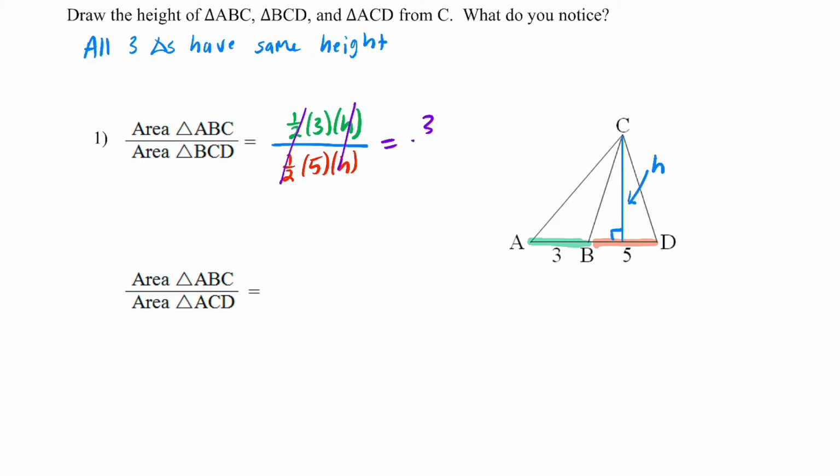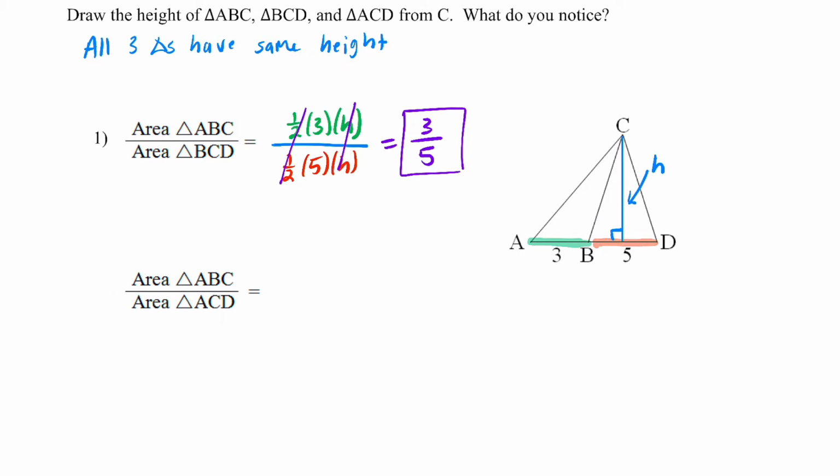That leaves us with 3 over 5. So the ratio of the area of triangle ABC to BCD is 3 to 5. And where do those numbers show up in the problem? Those show up as the bases. So it ended up being that the ratio of our areas, because it had a common height, was just the ratio of the bases.